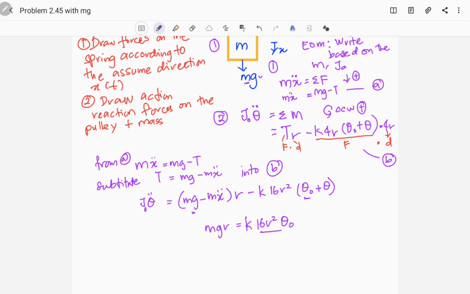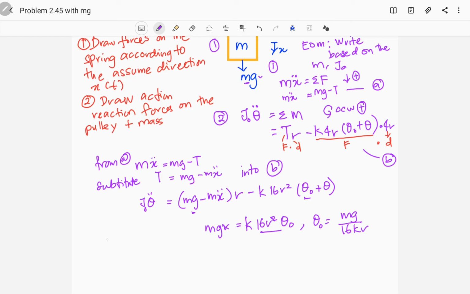So when you rearrange this, you will get theta naught is equals to mg over 16 kr, because you actually cancel out one of the power there. So now you can substitute everything.